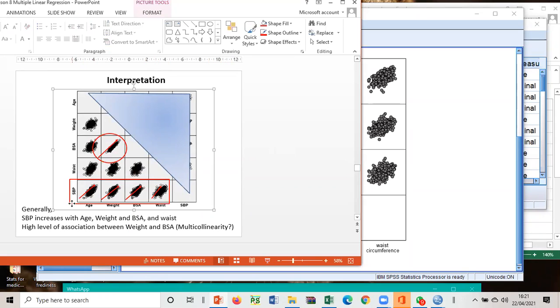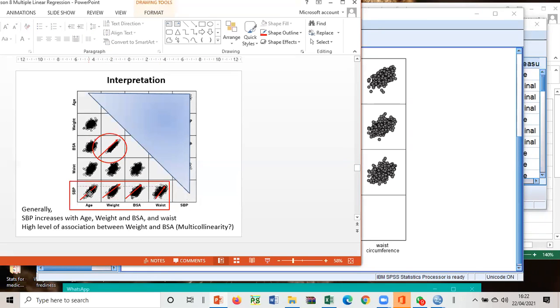SBP. So this is BP versus age. Next one, BP versus weight. This is BP versus BSA. This is BP versus waist circumference.